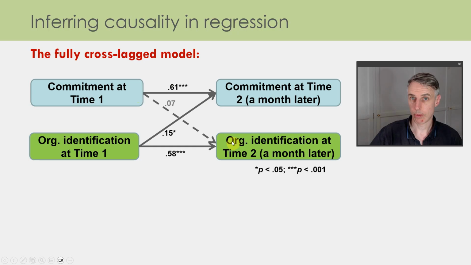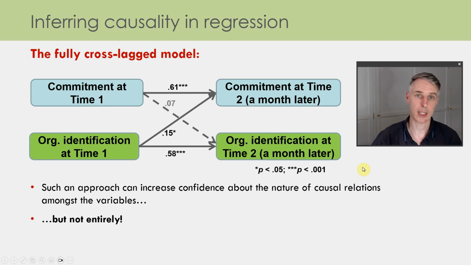The second model, where identification at time 2 was the outcome, provides the coefficients for these paths going to identification at time 2. Again, a highly significant autoregressive effect, identification predicting itself, but this time a non-significant path from commitment at time 1. Commitment at time 1 does not significantly predict change in identification.